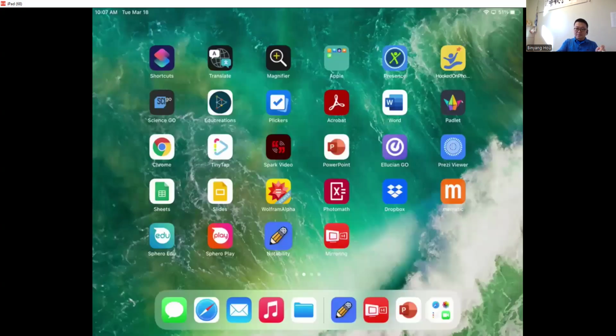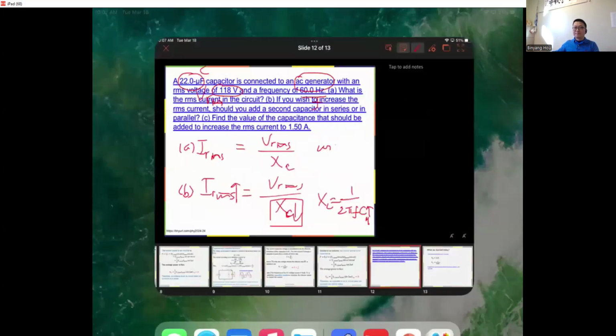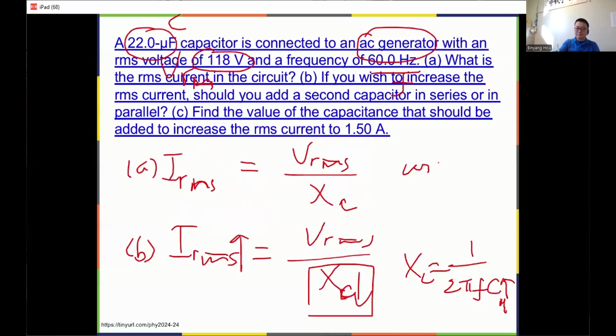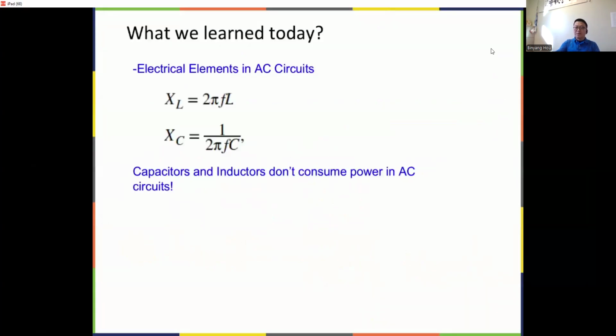All right, so let's go back and take a quick look at what we learned today. We looked at the three common electrical elements in AC circuits. The resistor behaves similarly to its behavior in the DC circuit.